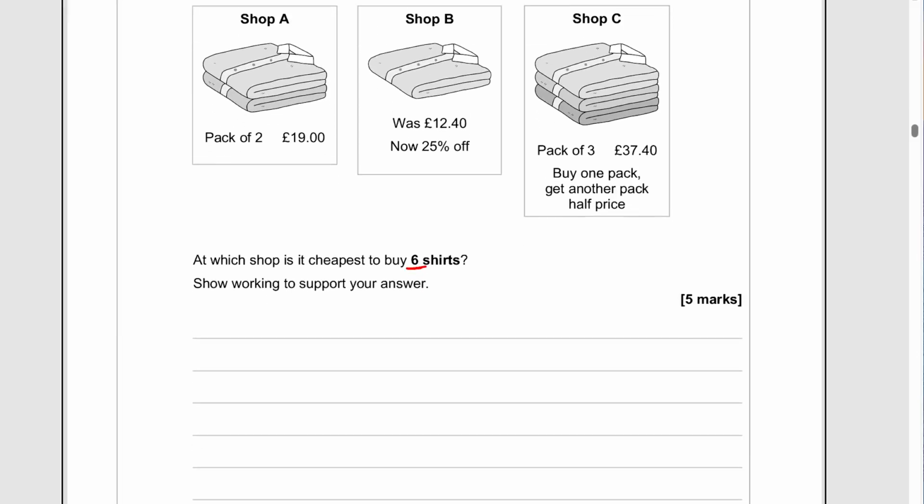Okay, so if we're using Shop A, so I'm going to go SA for Shop A. To work out our total cost for 6 shirts, it doesn't ask us by how much, but we'll work out the price for each anyway. So we want to do 6 divided by 2 because that'll tell us how many packs of 2 we need. And then we're going to times that by 19.